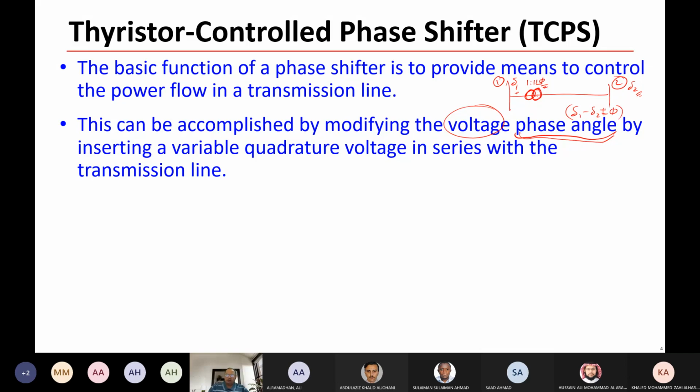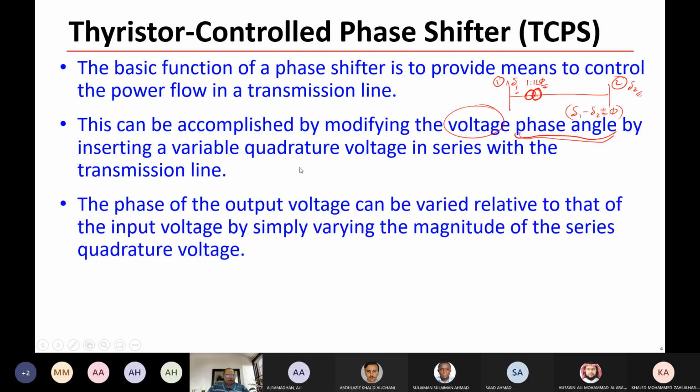This is why we have plus minus phi. So the phase of the output voltage can be varied relative to that of the input voltage. As we mentioned, if we have here theta, this becomes theta plus phi, or delta 1 plus phi. From delta 1 to delta 1 plus phi. So we have here delta 1 plus phi minus delta 2.